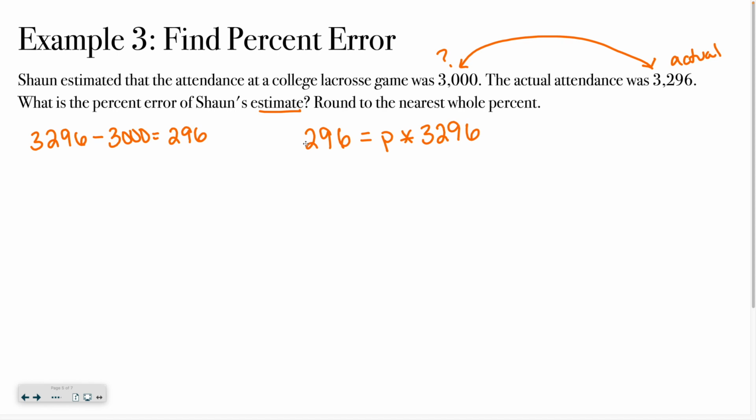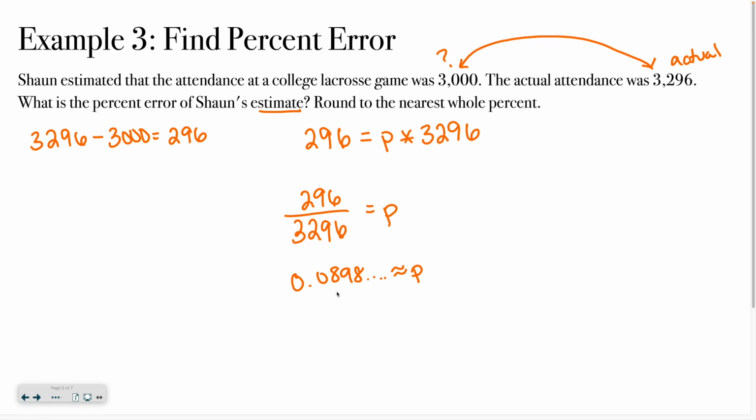So in this case, we're going to multiply by the 3,296. And if I were to do that, then that means I would divide by 3,296 in order to get my percent, and that's 0.0898, and then it continues on, but I'm going to just say 0.0898 is approximately equal to P. So that little squiggly equal sign just means that I'm rounding, okay?